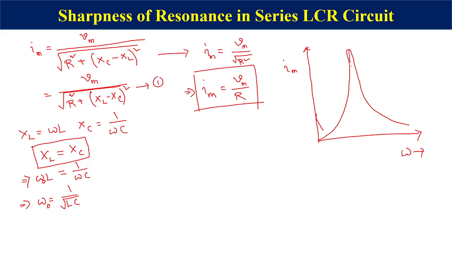The value at which the current becomes maximum is known as the maximum value of the current, so I can write it as I max max. So this is the region of omega naught, that is, when omega becomes equal to omega naught.